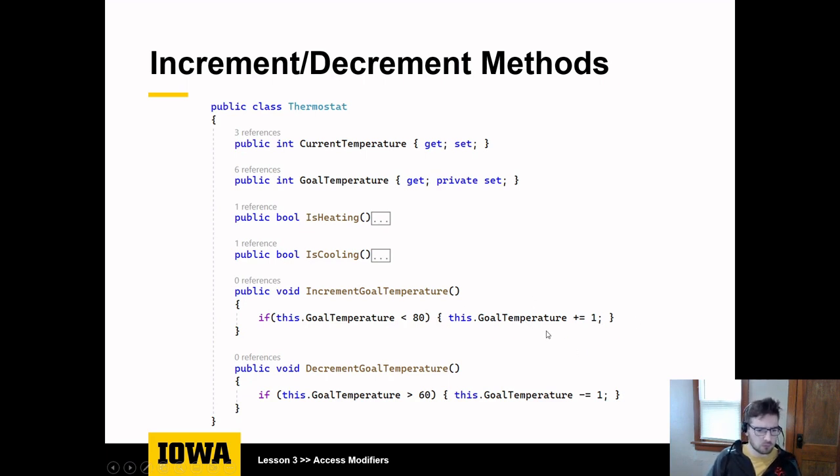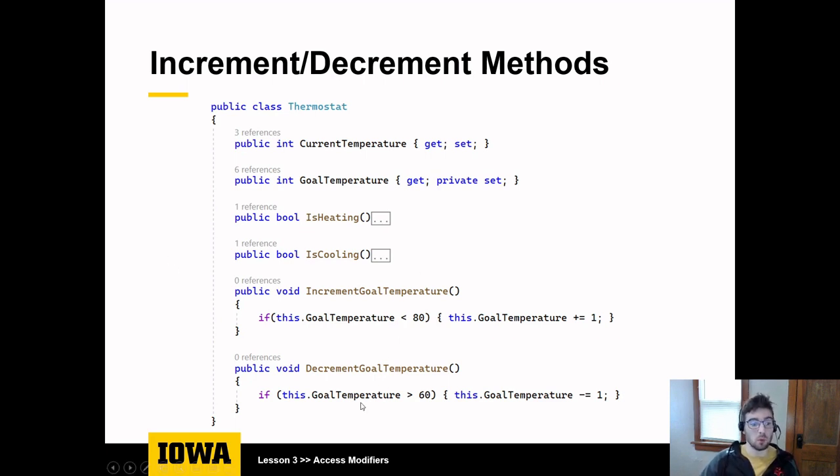The other thing you'll notice in these methods is we have some restrictions on exactly how this thermostat works. We can say this.goalTemperature must be less than 80 degrees in order for us to be able to increment that goal temperature.